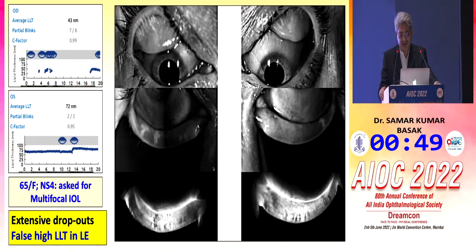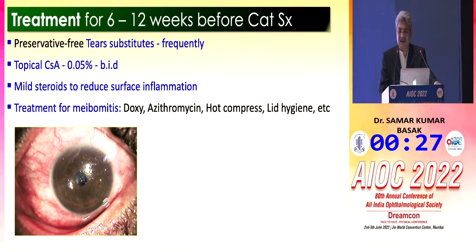Also in the left eye you see a falsely high lipid layer thickness. So a big no to this patient for multifocal IOL. This photograph is a very good tool to counsel the patient on why we cannot do multifocal or other premium IOLs.